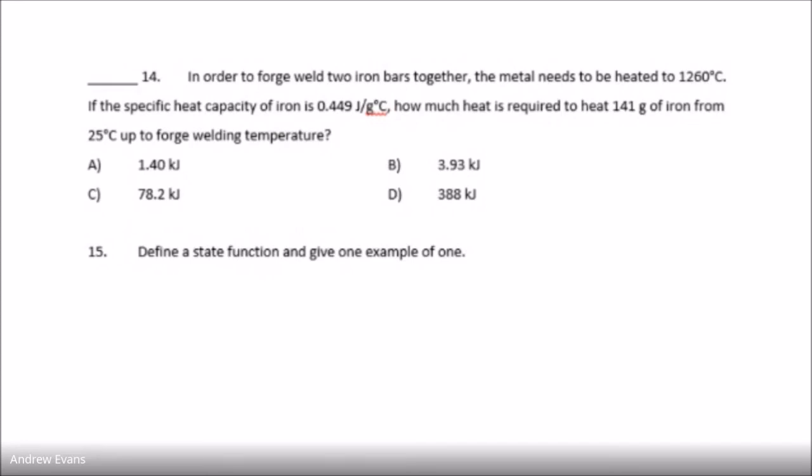Finally, to finish off for probably today: define a state function and give an example. A state function is a function that is path independent, meaning you can calculate it through multiple different ways and still come out with the same result. You can just use the final value and the initial value, and you can calculate the correct answer each time.